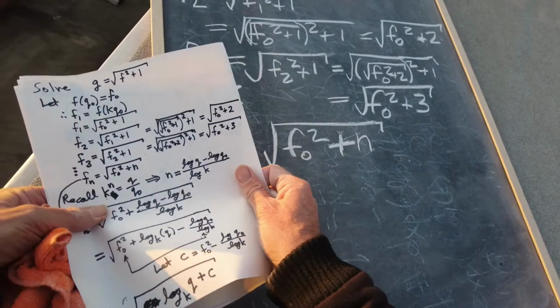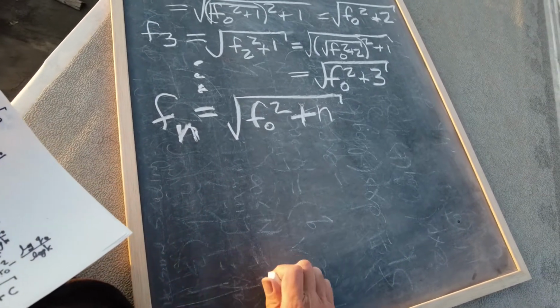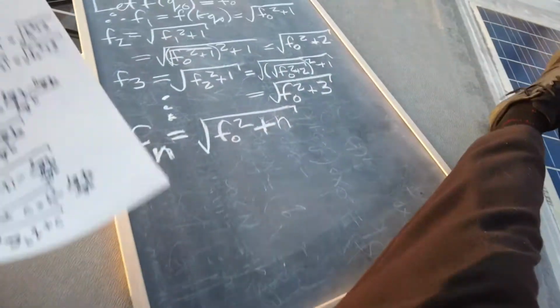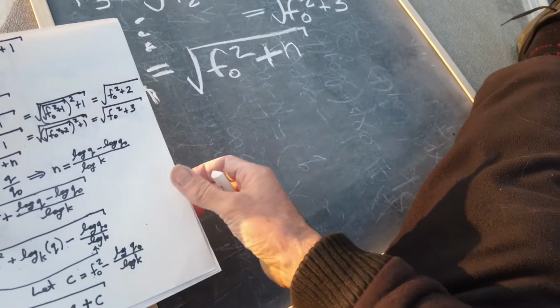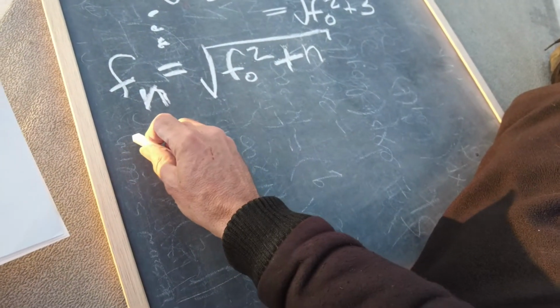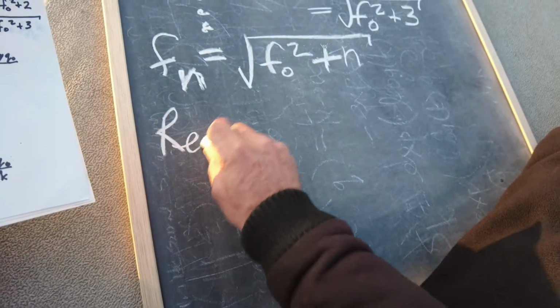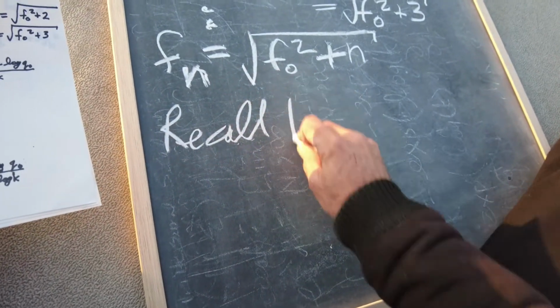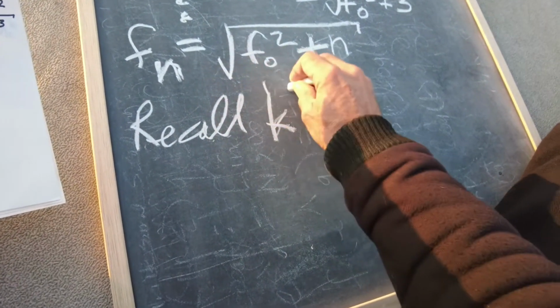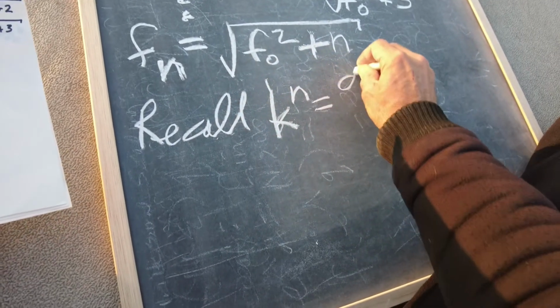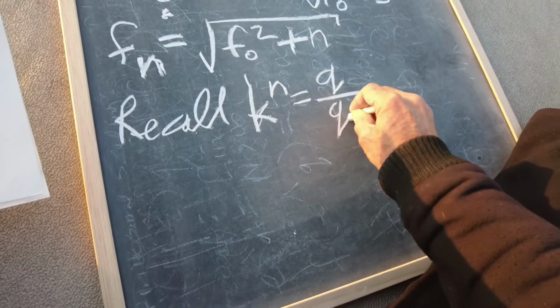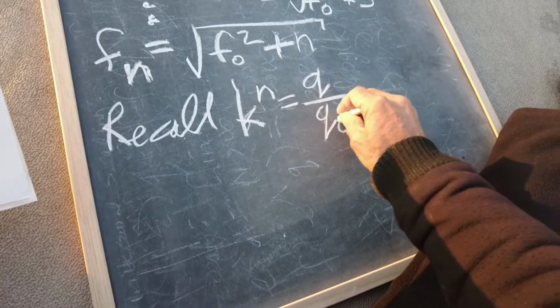And now, the key to unlocking these comparametric equations is to recall our magic graph theory. Recall that k raised to the exponent n equals q over q0. That is that magical thing that we remember.